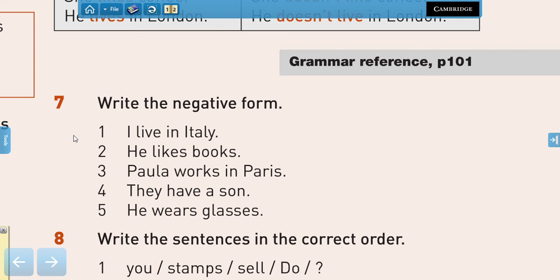So, are you ready? So, negation. I don't live in Italy. Sad, right? He doesn't like books. Paula doesn't work in Paris.